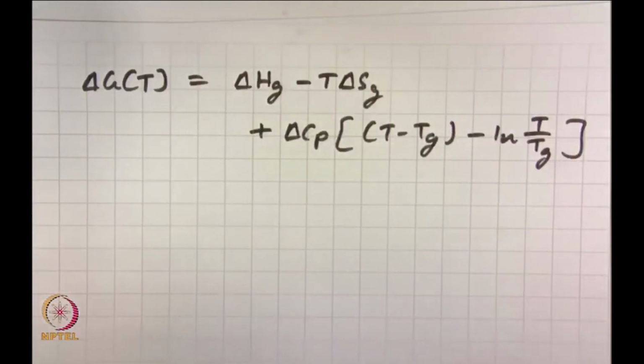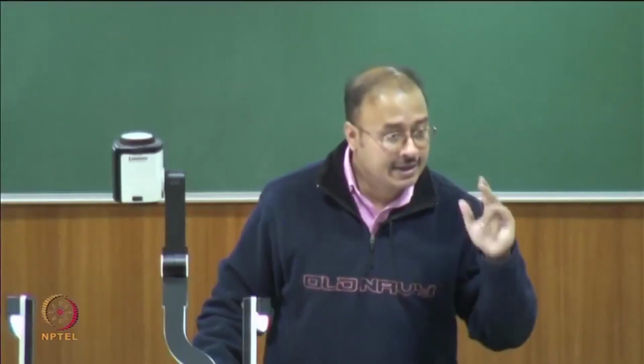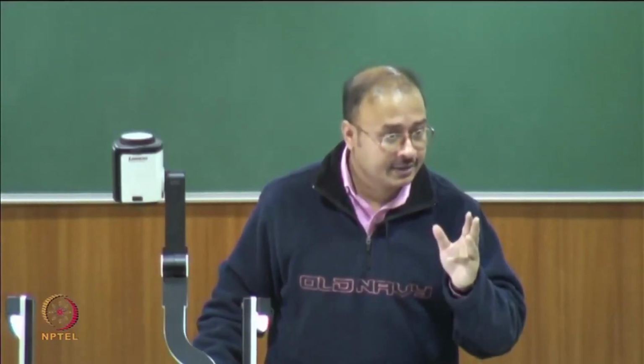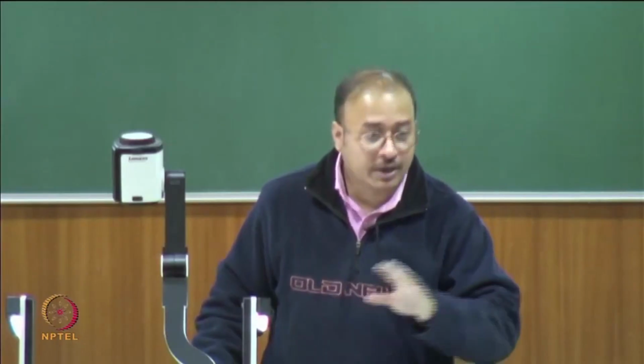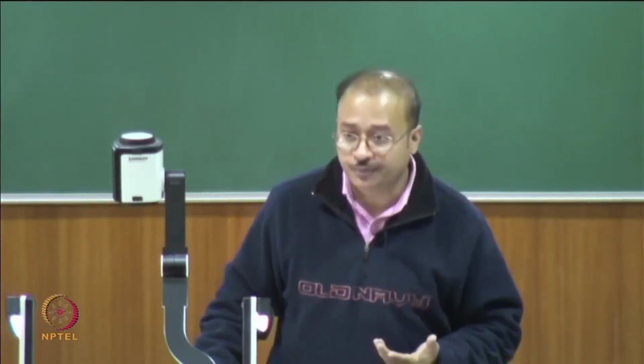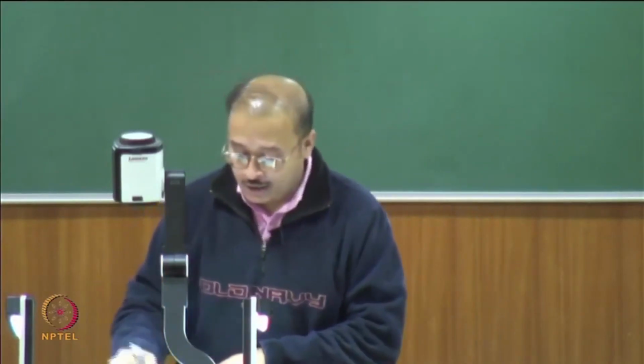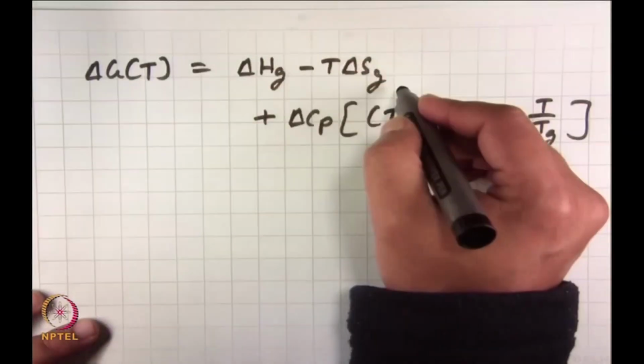So, what have we done now? We have expressed delta G in terms of delta H and delta S at Tg, a temperature you know, but as a function of another temperature T which you do not know. Now, can the first two terms be simplified further?